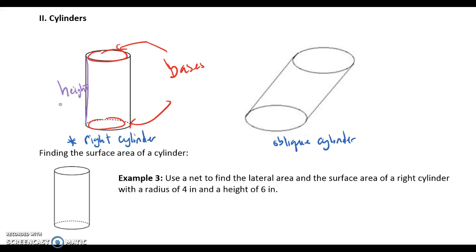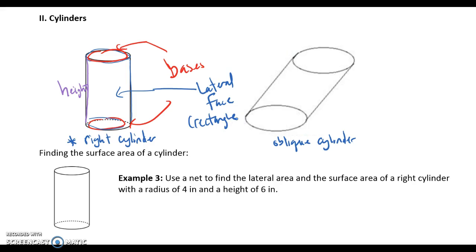And the lateral face in this case is going to be that plane connecting the two circles together. If you remember how we drew that net, this whole lateral face, that's that rectangle.